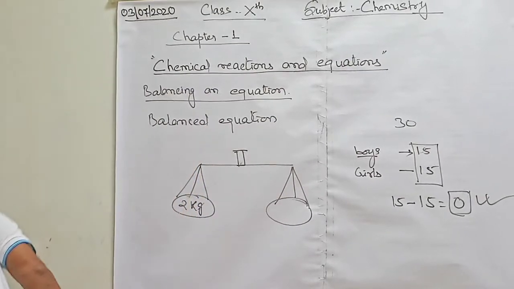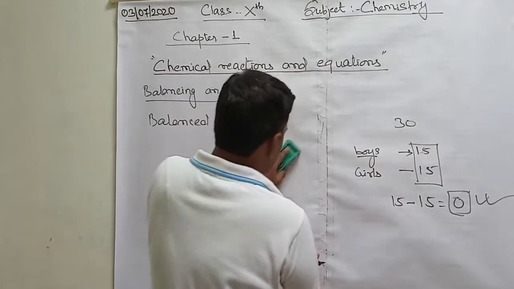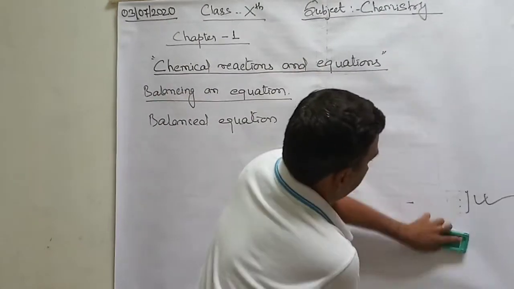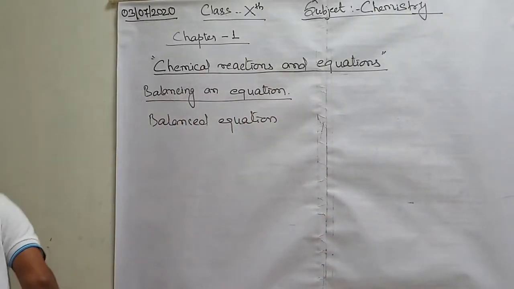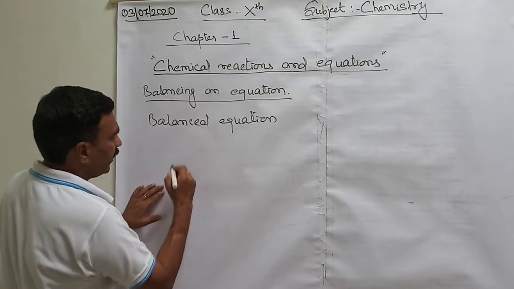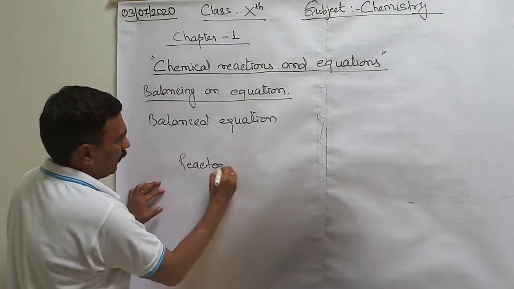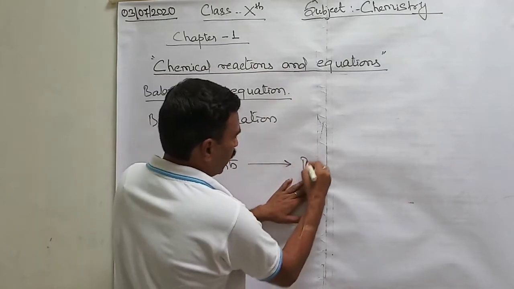Similarly, in the case of a chemical reaction, we know there are two sides. The first side is of reactants. After that, the process, and then the product.